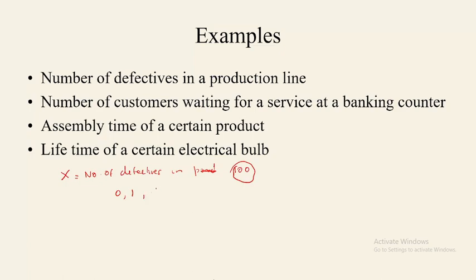If there are only 2 defectives, then X is 2. Similarly, if all the items are defectives, then it is 100. So these are the values taken by X: X equals 0, 1, 2, up to 100.